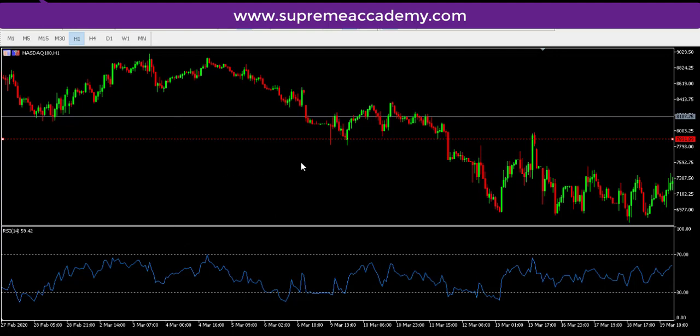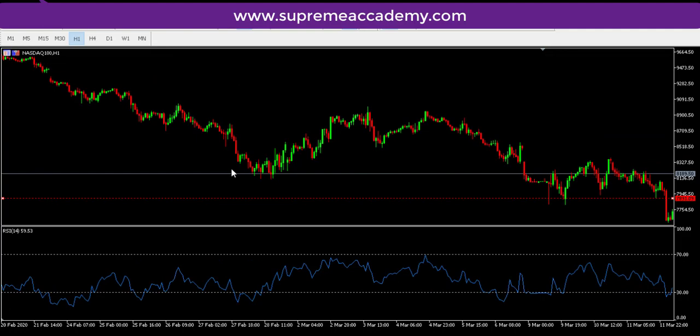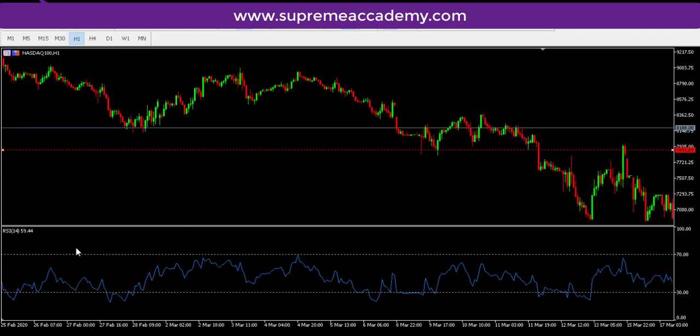Okay, so what you see here is Nasdaq 100 chart, and this is a print. You can only see RSI, the default settings.